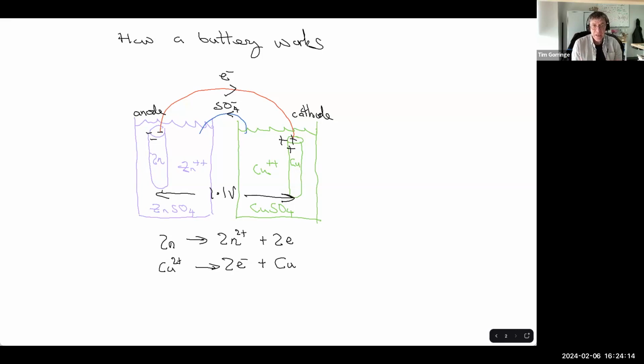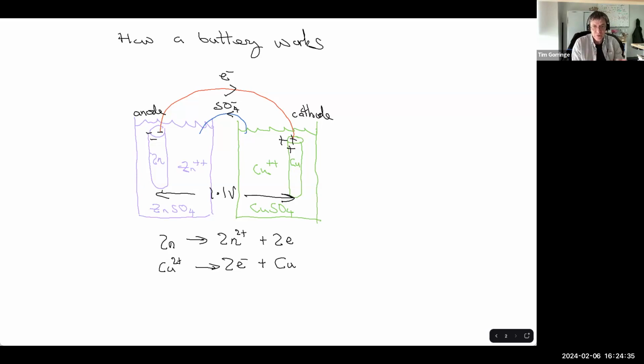As this battery runs, we're liberating electrons on the left-hand side. We're recapturing those electrons on the right-hand side, and sulfate ions are flowing from the right to the left. There are these 2 reactions going on.